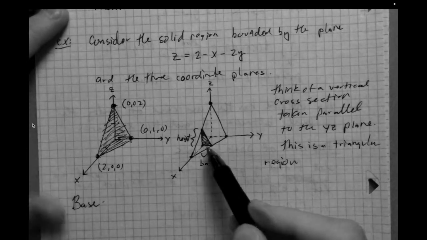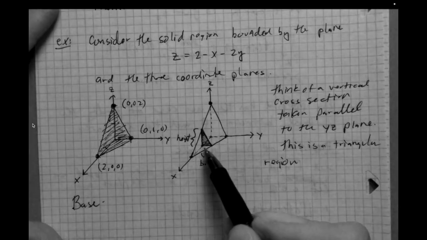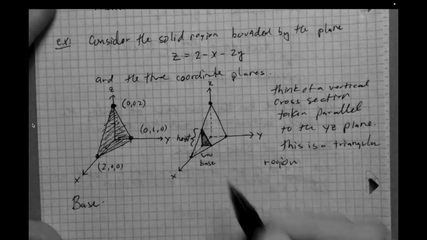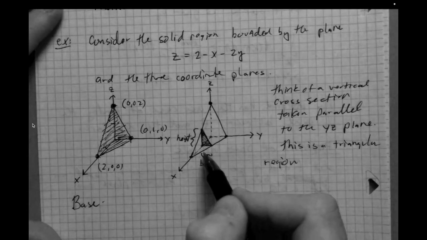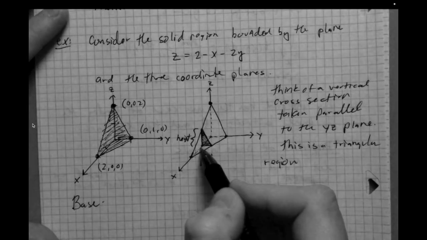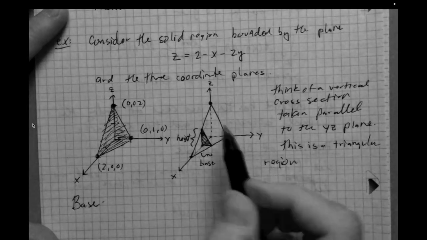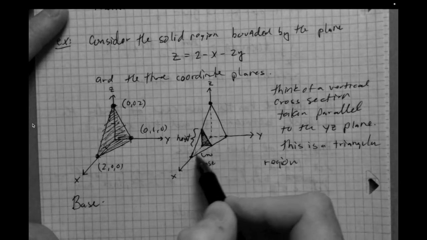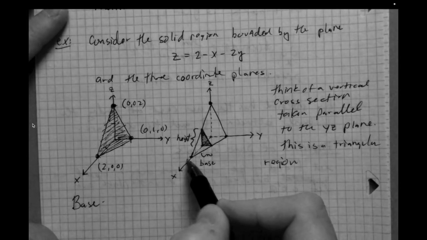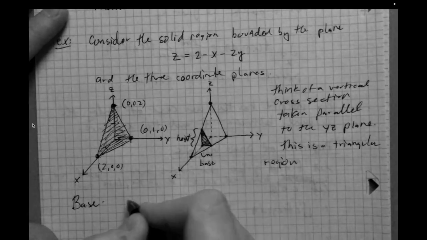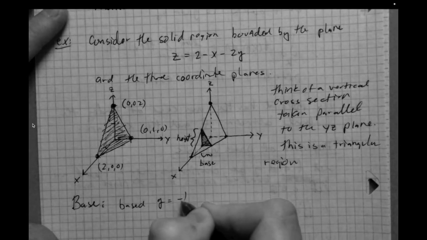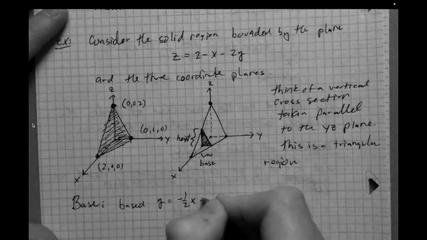Right, so the base you can think of is going to be this distance right here, right? And that distance you can think of as being based on the line y equals, so this line right here is going to tell you how long that distance is. And that line right there is based on y equals negative 1/2 x plus 1, right?